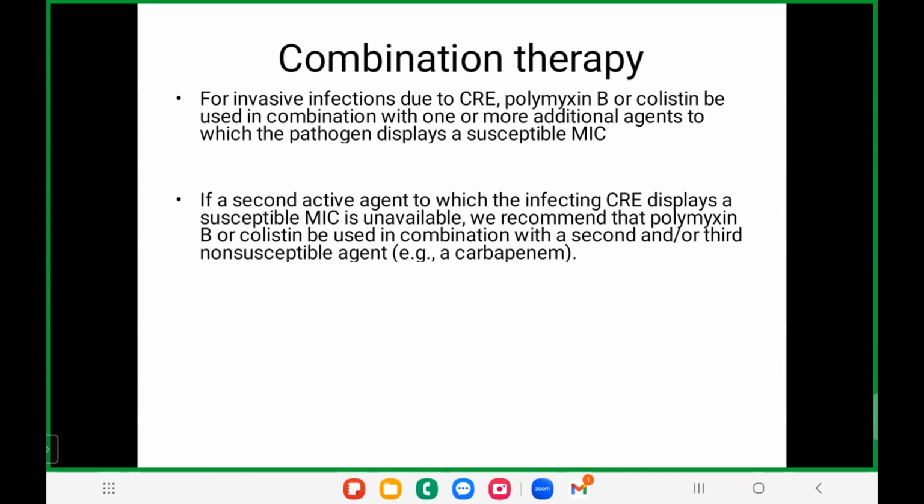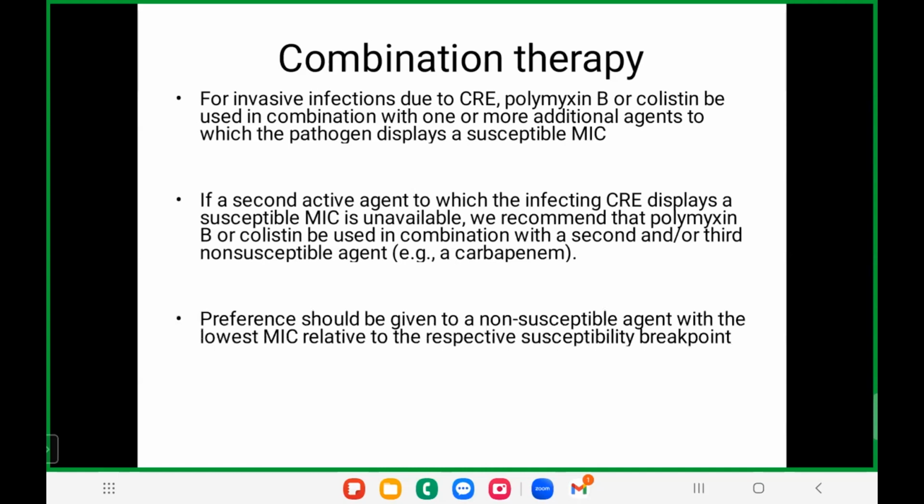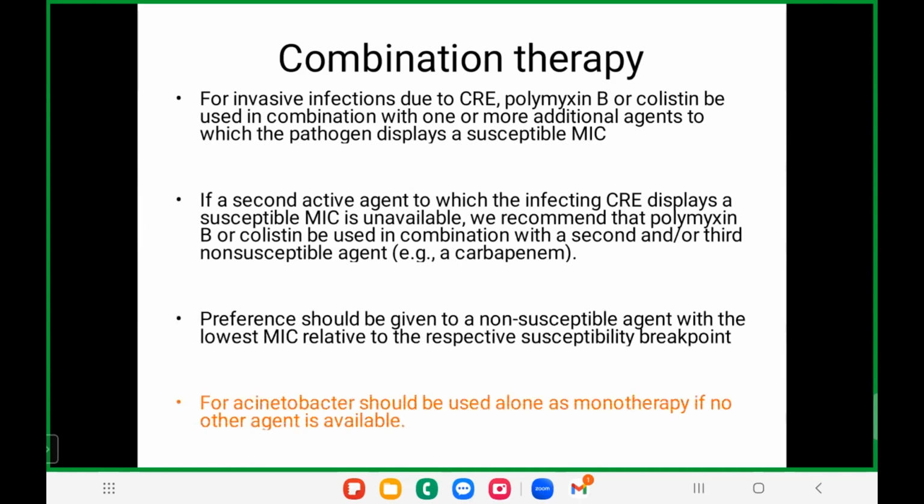So choose the drug. Only for Acinetobacter can you give monotherapy of polymyxin B, if you don't have any other available susceptible antibiotic.